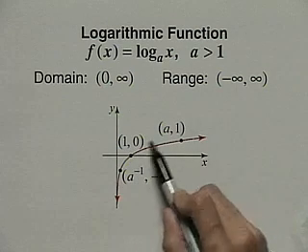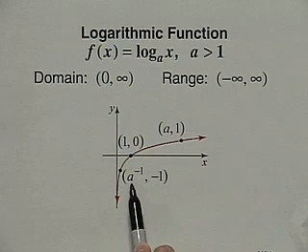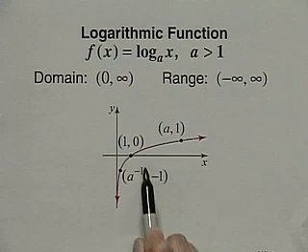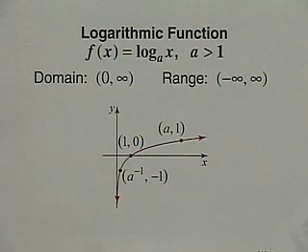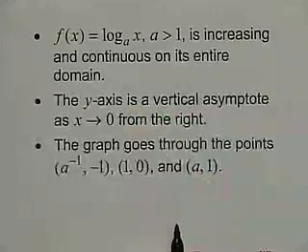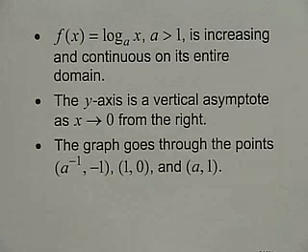And notice these points. The function contains a to the negative 1, negative 1; 1, 0; and a, 1. For f of x equals log base a of x, where a is bigger than 1, it's increasing and continuous on its entire domain, and you saw that as we graphed.